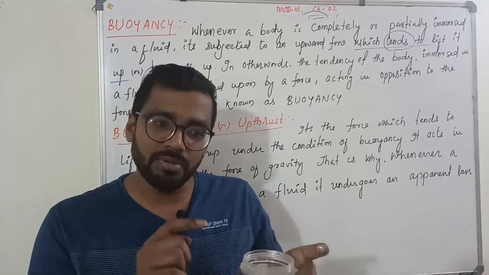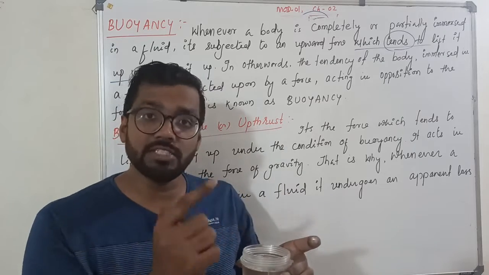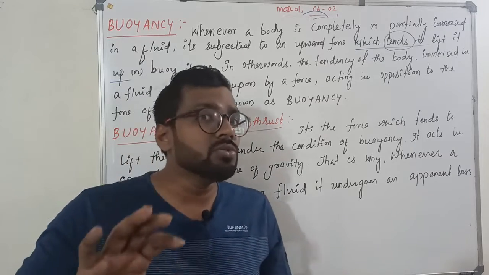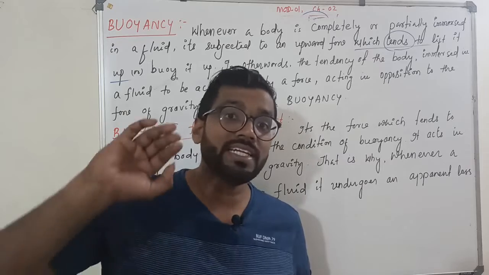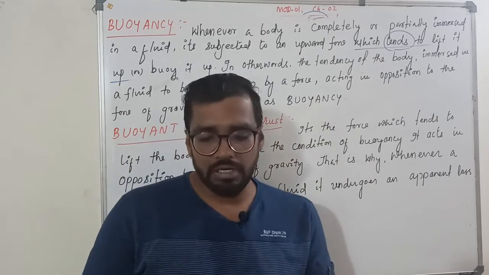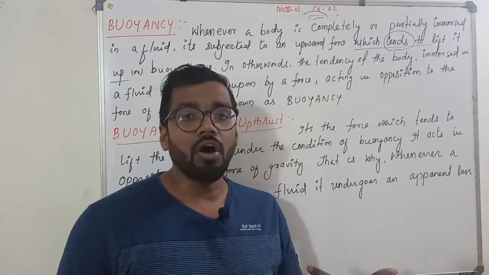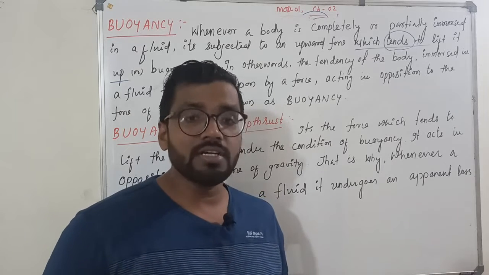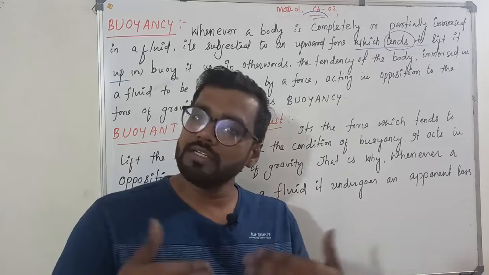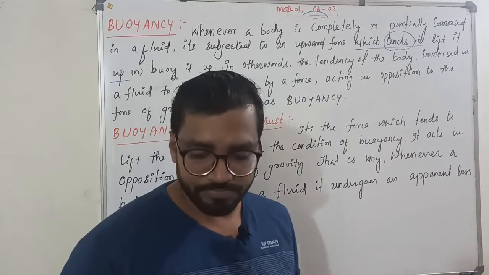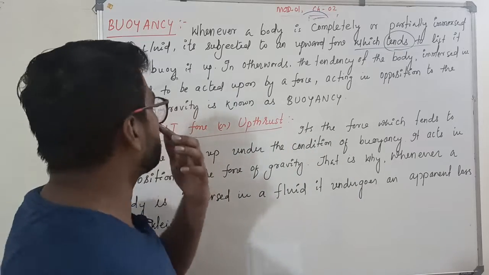But still the buoyancy force was working. In the first case you saw it was working. So that's why we use the words tends to. It tends to lift the body up. But if the density of the fluid is not good enough or the volume is not displaced properly, then it will sink only. That we will come to know subsequently.